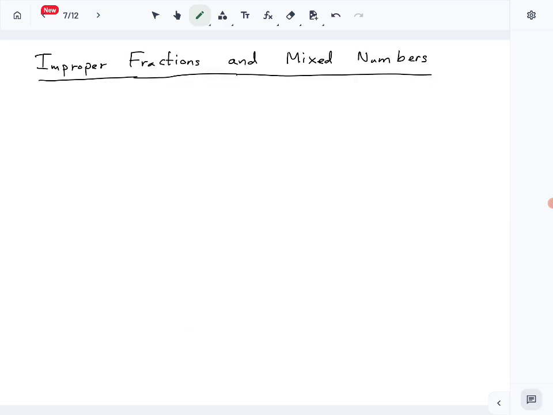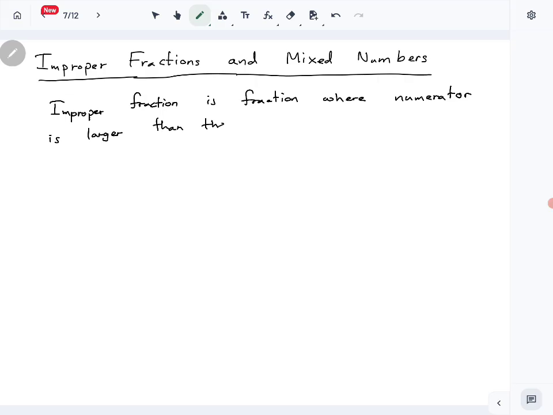Okay, right. Then the next topic under numbers is improper fractions and mixed numbers, right? What is an improper fraction? Improper fraction is a fraction where the numerator is larger than the denominator.